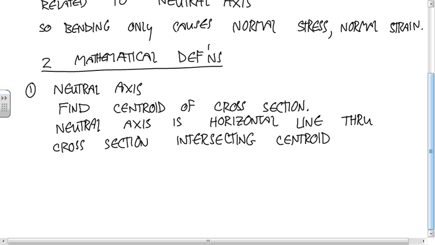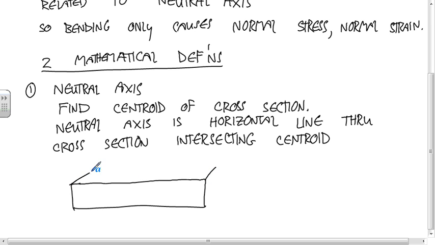Okay, so if you have a beam like this, and let's set up the coordinate system with the x-axis going down the long axis of the beam, the y-axis going up, and the z-axis coming out of the page.